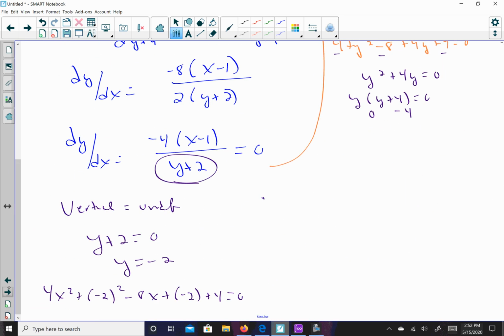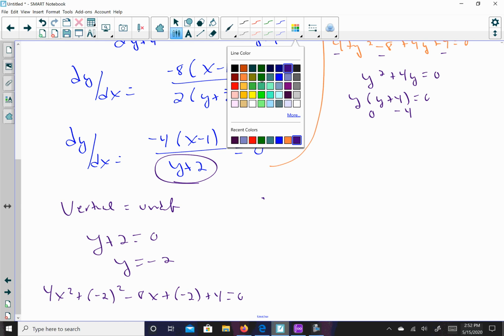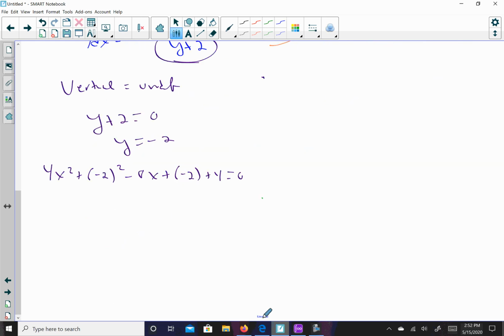We'll find out. Here, when I do this, this will be 4x squared plus 4 minus 8x. Now this is times negative 2. So minus 8 plus 4 is equal to 0. So these equal 0.